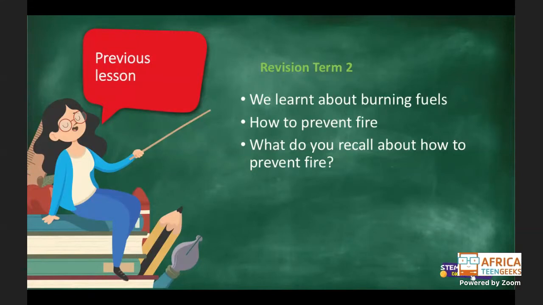Can you type in your chat box what you remember about the burning of fire? Please type in your chat box.